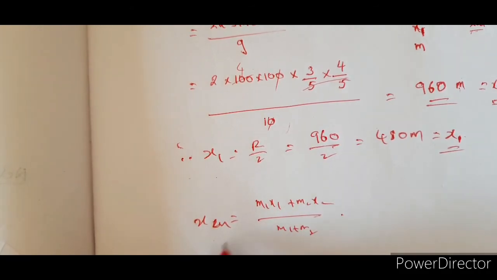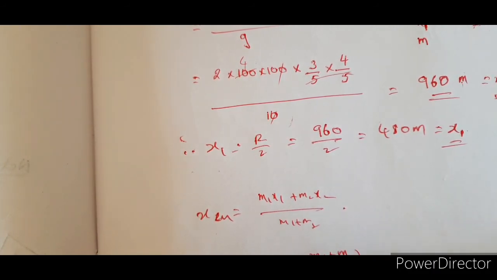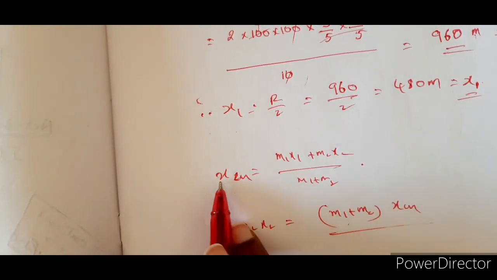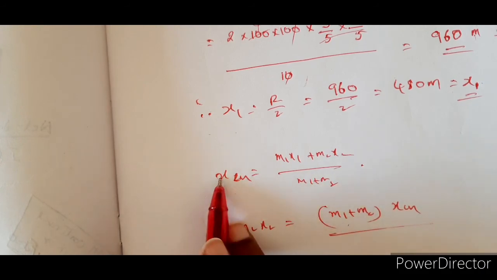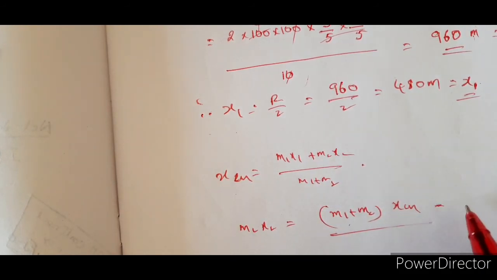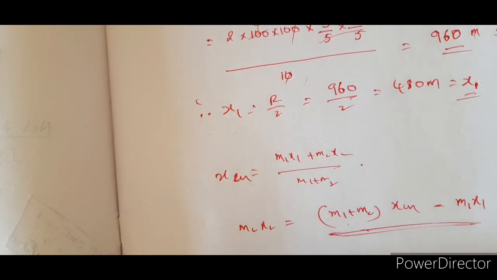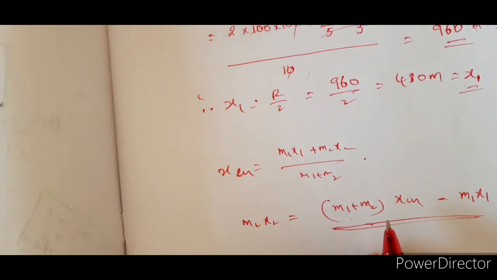So that means m2 x2 is equal to m1 plus m2 into xcm, minus m1 x1. This is the formula. You can just substitute; everybody can go by their own method.